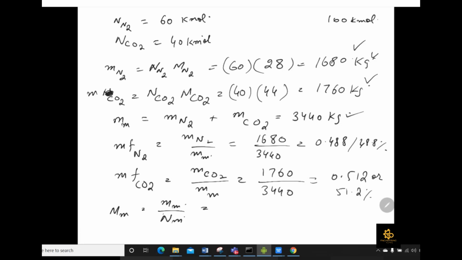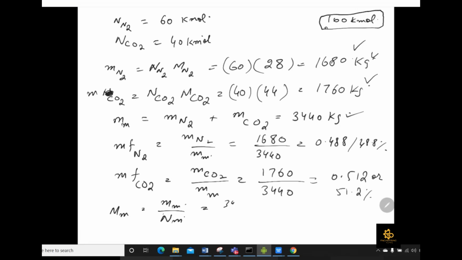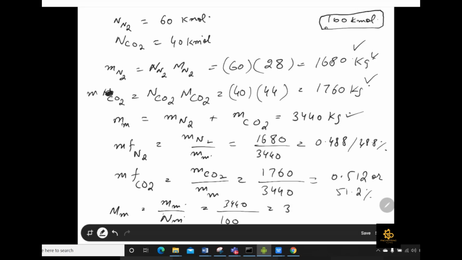In the initial state, we already said that the number of moles of the mixture is 100 kilomoles. So you just have to divide 3440, which is the mass of the mixture, by 100 kilomoles, and you get the molar mass of the mixture.